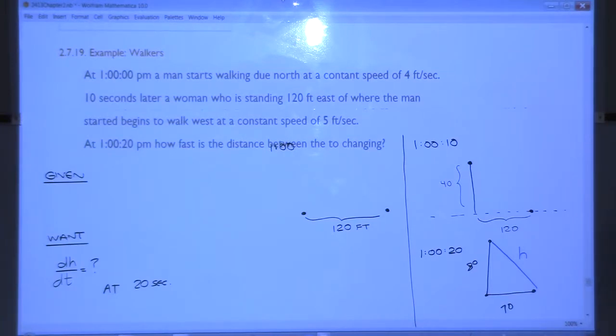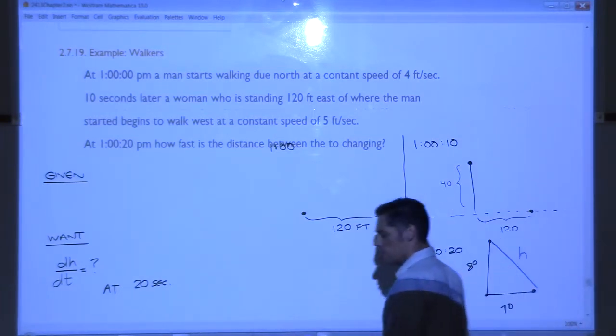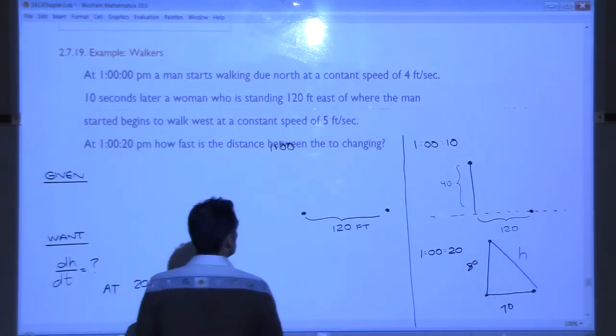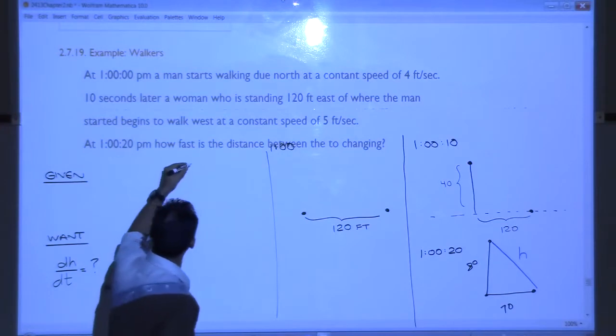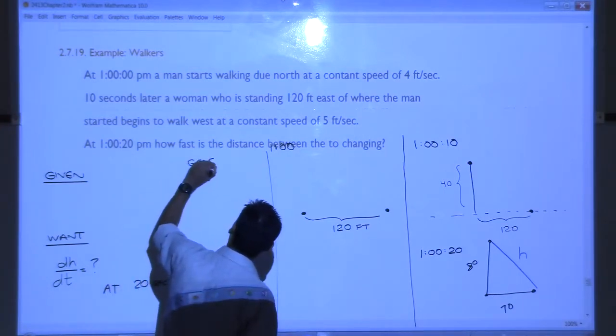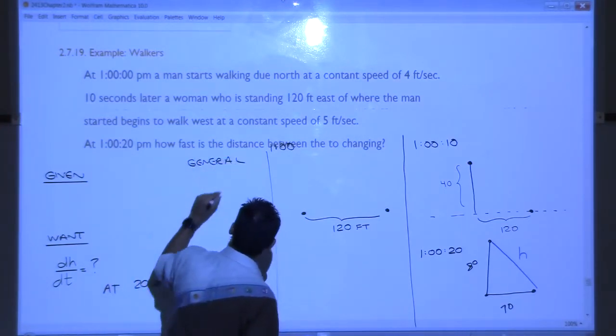Now, this is my instant in time, isn't it? I need a general picture. So these are my 3 pictures giving me a feel for what's happening. Here's my general picture. In general, would you agree with this?